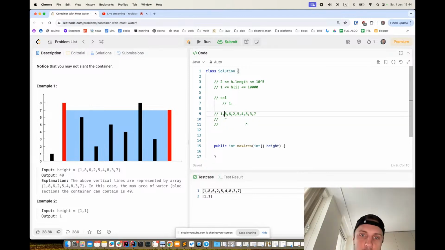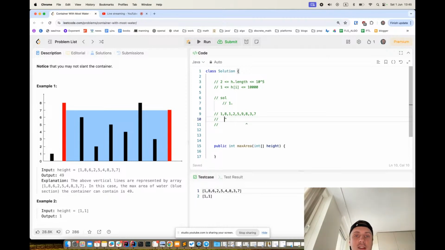But what if we have something like 9, right? And I move here, and then if I move here, and if I have 1, for example, right? So it's better to move by 9, but still it would be less than this 8, right? So I think in this case it doesn't matter actually where I move next, and we just keep checking.